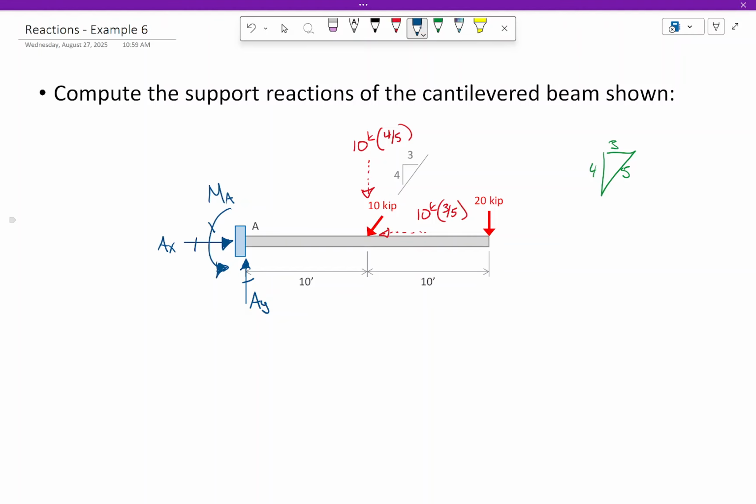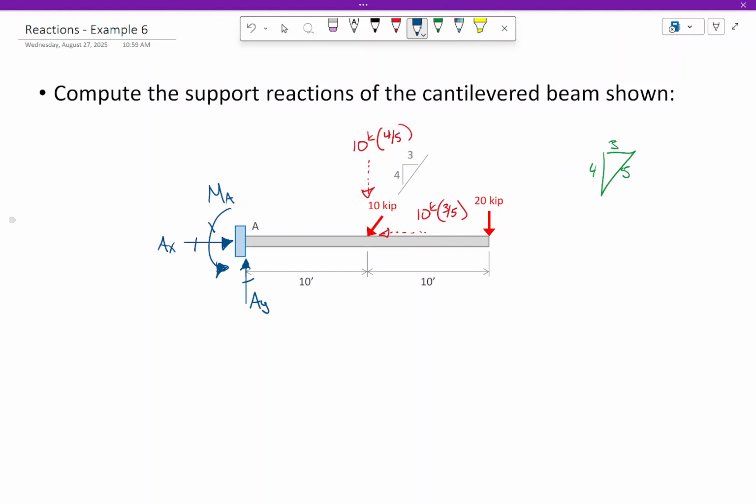Now, why am I saying that cantilevered beams are easier to analyze than simply supported beams in terms of the computation of support reactions? Let's just have a discussion about that. So here's a simply supported beam.